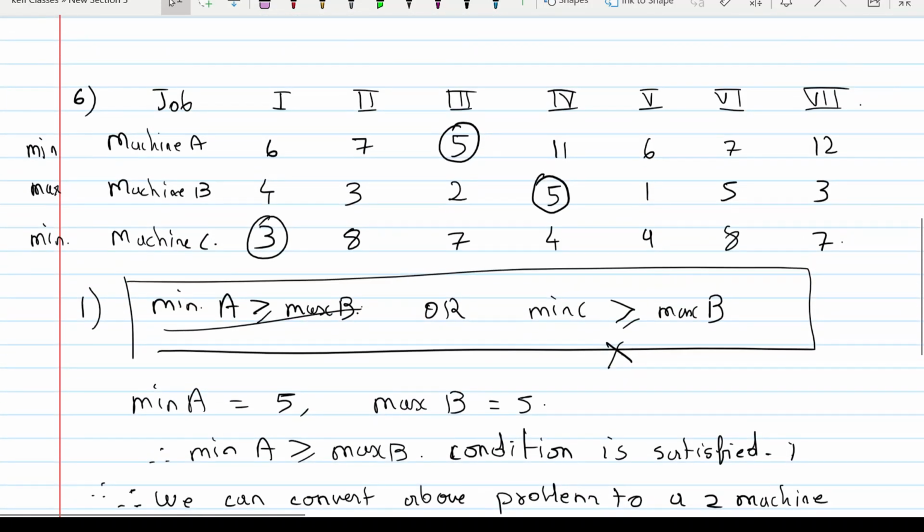What will be their times? It's the addition of these two. G will be 6 plus 4, 10, 7 plus 3, 10, 5 plus 2, 7, 16, 7, 12 and 15. And machine H will be the addition of these two: 7, 11, 9, 9, 10 and 13. So you get these two machines.